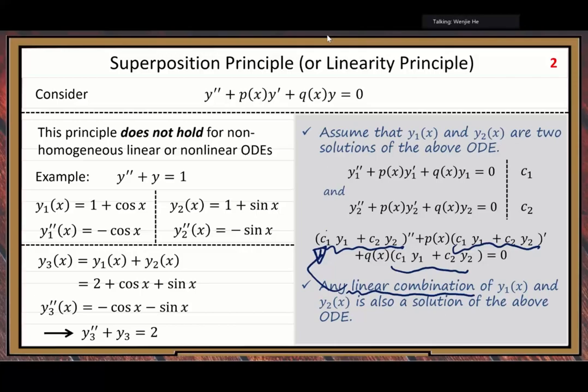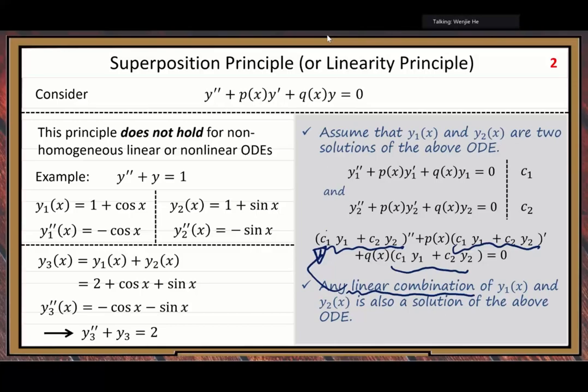Here, my question is, can we combine y1, y2 in a certain special way such that when we add them up, we get a solution? We combine y1, y2, but right now, when we combine in some arbitrary way, we cannot get the constant part right.